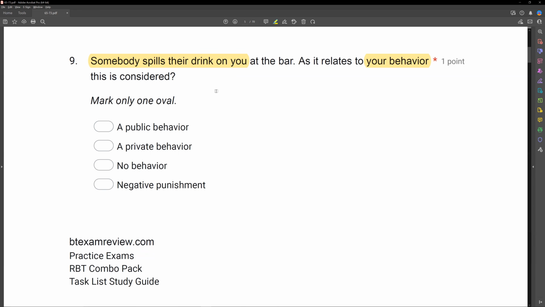Understand what we're saying here. We're looking at your behavior. You didn't do anything. Okay. Somebody spilled their drink on you. You weren't doing anything. You haven't done anything. Okay. Behavior is when an organism does something, when they interact with the environment. You haven't done anything here. So as it relates to your behavior, there is no behavior.